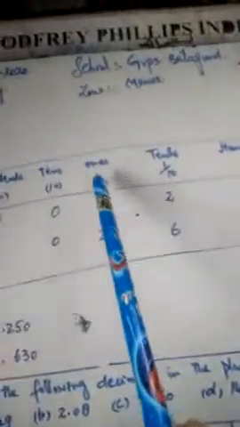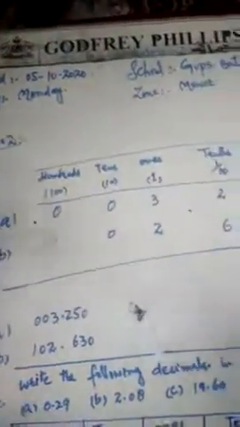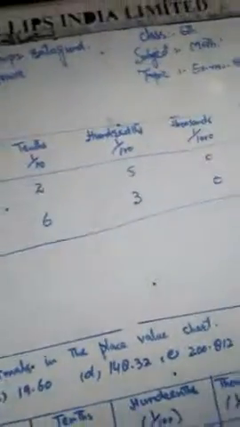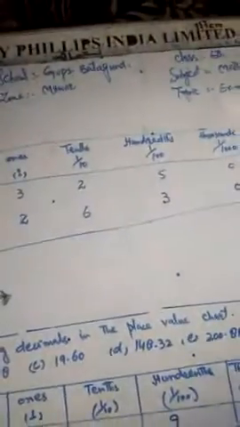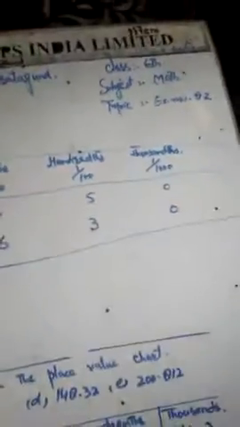This is how we can make a place value chart. Ones, tens, hundreds go towards the left, and tenths, hundredths and thousandths go towards the right side of this decimal.